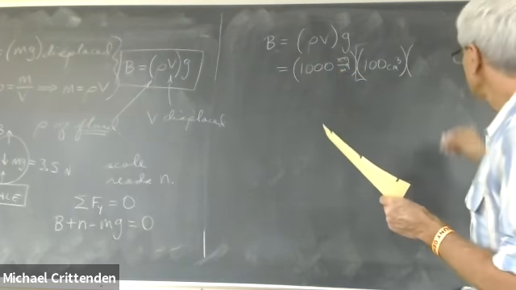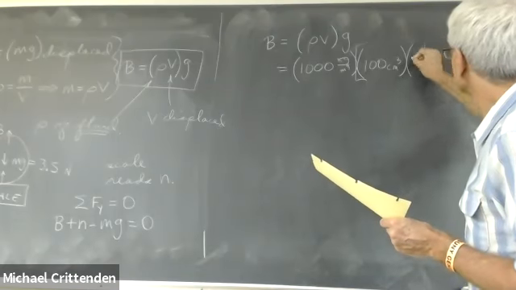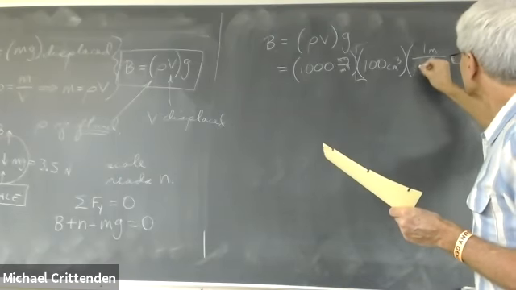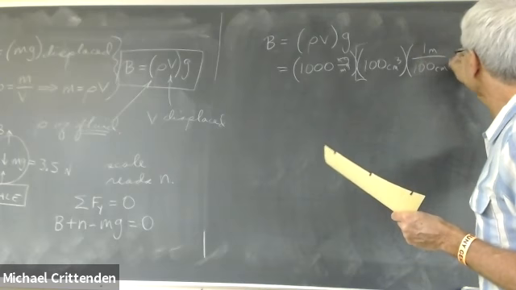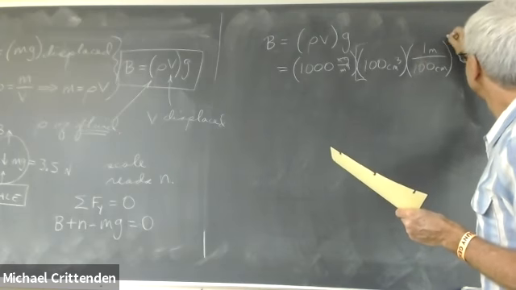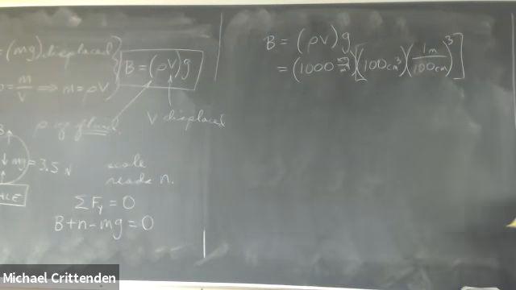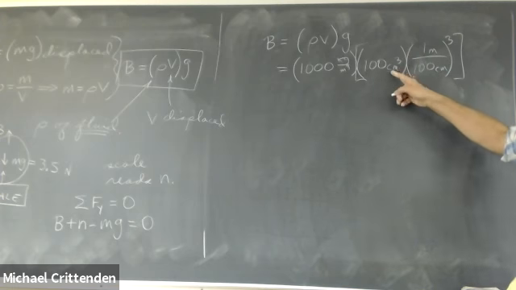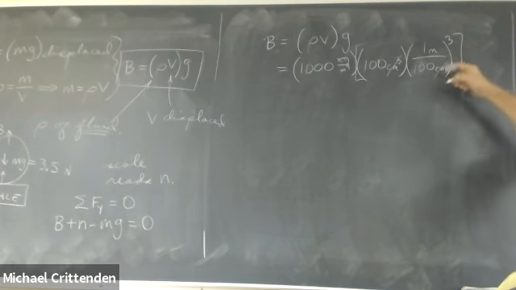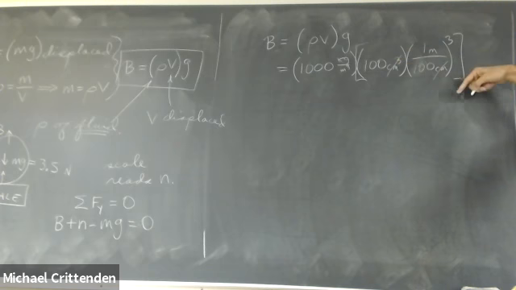The way I've written it out here, there's a conversion factor. 100 centimeters to the meter, but that's linear centimeters and linear meters. To cancel with cubic centimeters, you have to raise that to the 3rd power.